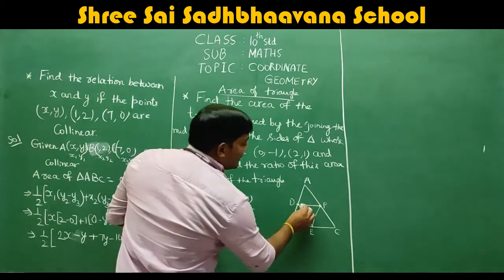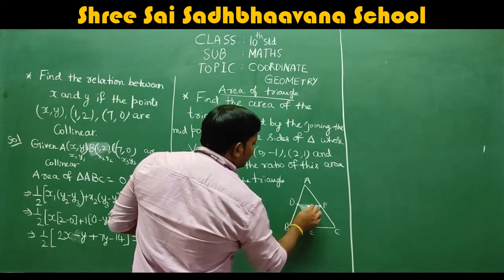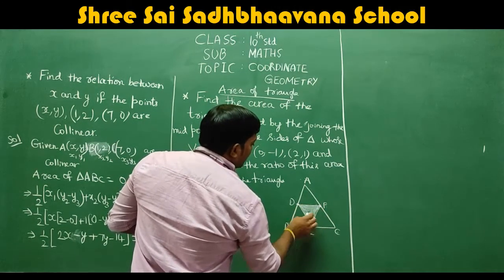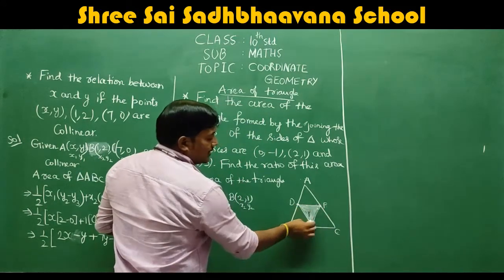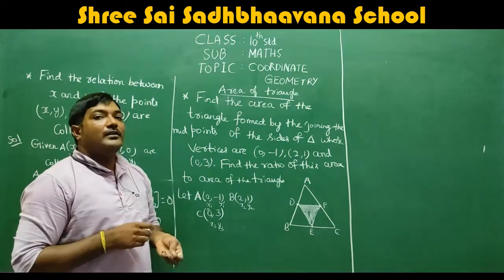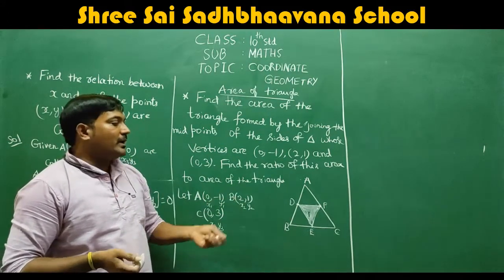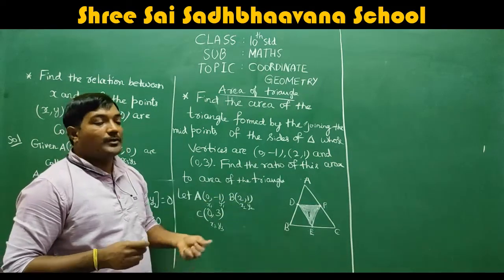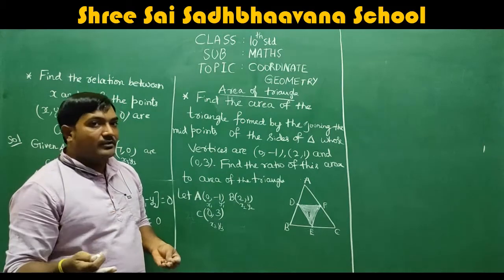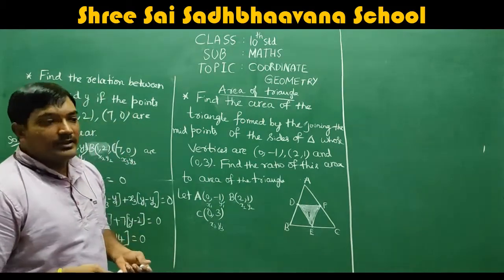The area of triangle DEF is smaller than ABC. Correct? Obviously, because it is inside. The area of triangle DEF is always smaller than the area of triangle ABC. So the ratio may be 1 to 4 or 1 to 3 times. Obviously the area of triangle ABC is greater compared to the area of triangle DEF.